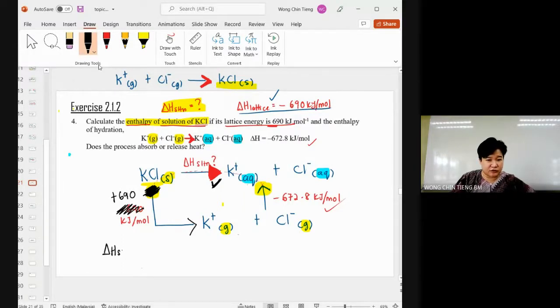Delta H solution will be equals to semua yang bertentangan dengan dia. Will be equals to hasil tambah semua yang bertentangan dia. Negatif 672.8 kJ per mole. Alright, tambah dengan positif 690.